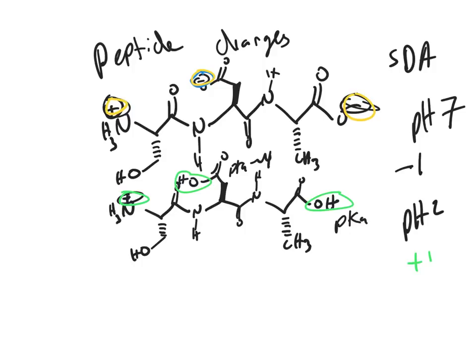And I'm going to draw the next one on the page because I'm going to run out of room. So at pH 12, not 112, pH 12, we are going to lose the proton from this nitrogen, so that will be neutral.